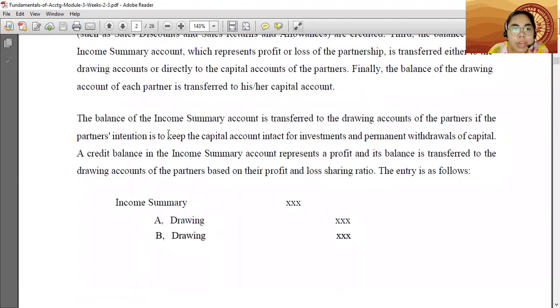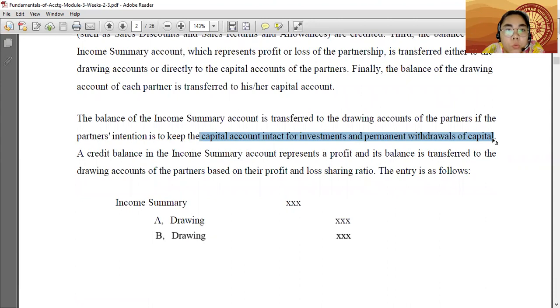So we have here, the balance of the income summary account is transferred into the drawing accounts of the partners if the partner's intention is to keep the capital account intact for investments and permanent withdrawals of the capital. So as it was mentioned, the balance in the income summary account is charged against the drawing accounts of the partners if they want to keep their capital account intact.